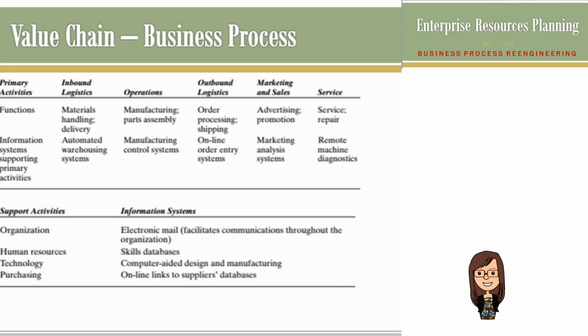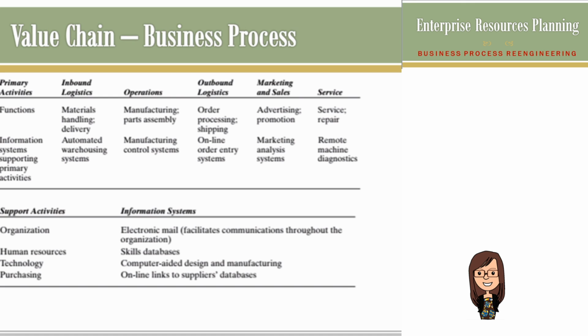and then we have marketing and sales as well to promote or advertise our product. And then in the service functional area, we have the function for when the customer needs a repair, or when the customer complains about the product and so on, and then it will be handled by the service functional area.